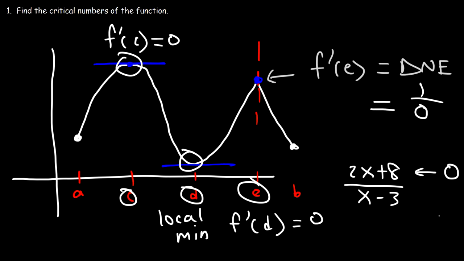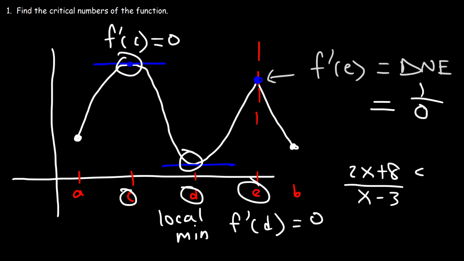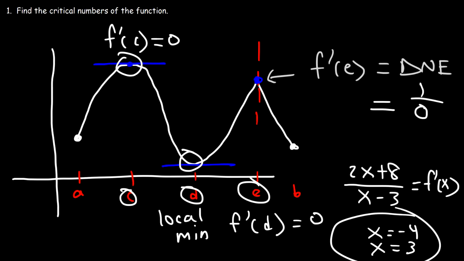But if you set the denominator equal to 0, then it's not differentiable at that point, but it's still a critical number. So let's say this is equal to f prime of x. If we set the numerator equal to 0, x will equal -4. So that's going to be a critical number. If we set the denominator equal to 0, x will equal 3. So these two are both critical numbers. Keep that in mind.